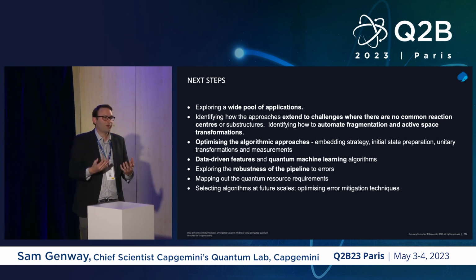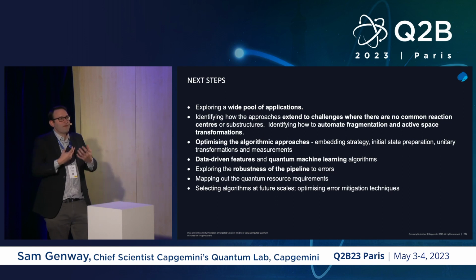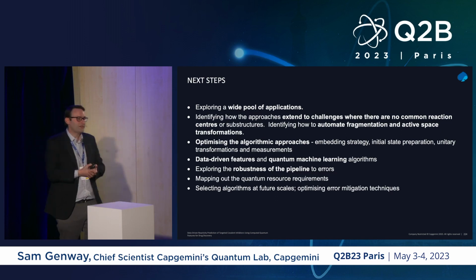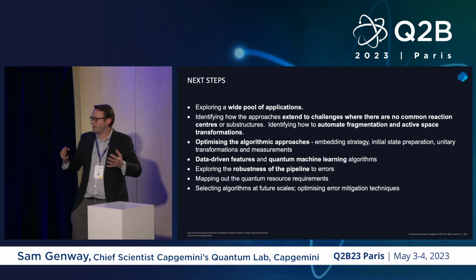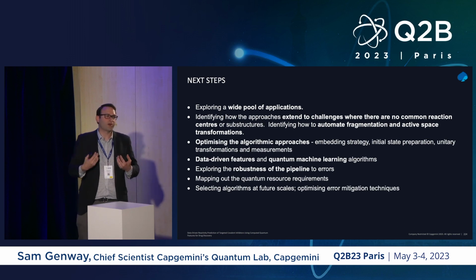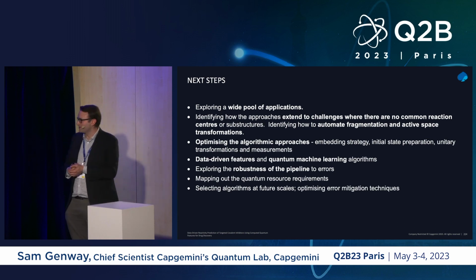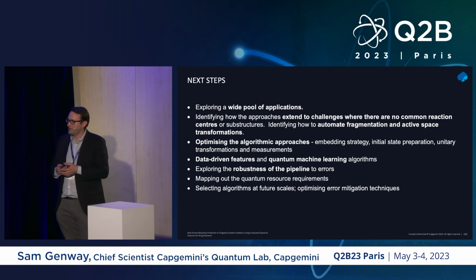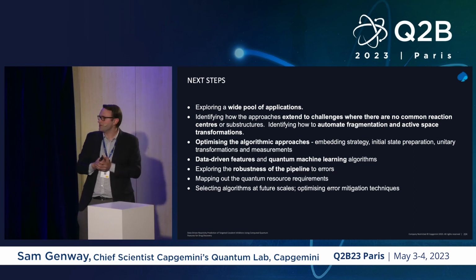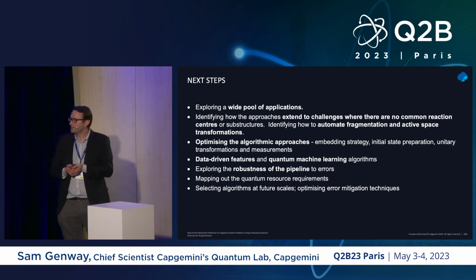I hinted at one of them, which is the fact that we may not need strict unitary evolution for this. We may be able to create other unitaries which are more efficient in terms of being able to use quantum resource more effectively, but still separate the space of molecules and make meaningful predictive models.